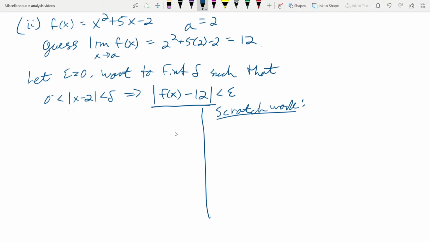What we do have control over is this absolute value of x minus 2. So we want to write f of x minus 12 somehow in terms of absolute value of x minus 2. At least we want to bound it above by something which can be expressed in terms of absolute value of x minus 2. The basic philosophy is just that you take the thing over which you want to have control and bound it above by the thing over which you do have control. And then you can adjust the parameter delta as you need once you have simplified it sufficiently.